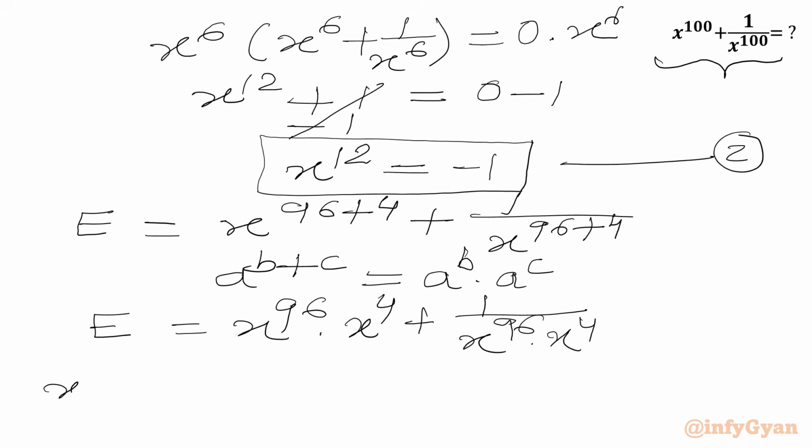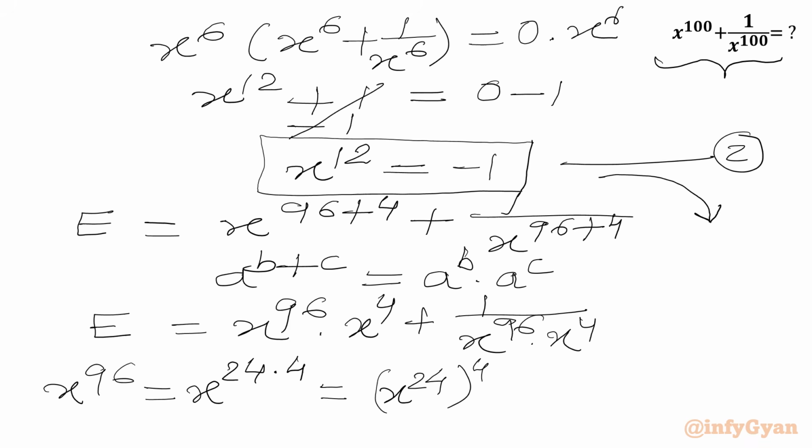We can find x power 96 here by writing x power 24 times 4, using the power rule, a power bc is a power b whole power c. So we can write here x power 24 whole power 4. Now x power 24 we can find from equation number 2. x power 12 equal to negative 1.